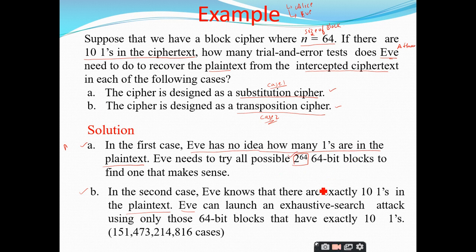It is enough to check the 64-bit blocks that have exactly 10 ones. Not every one of the 2 power 64 blocks needs to be checked. Out of 2 power 64, you just separate out the blocks which consist of only 10 ones, and from there you can get some idea.